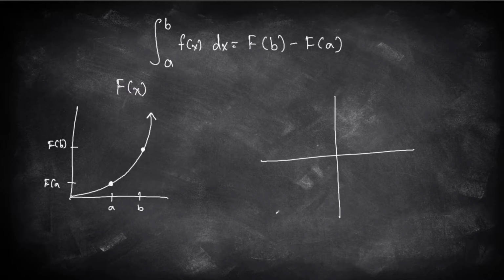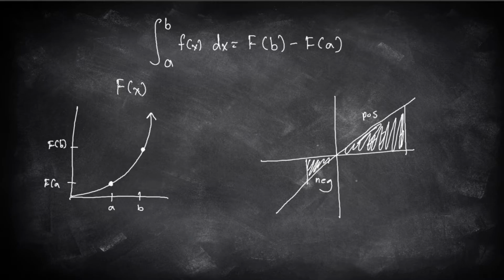Now let's say we have this entire linear graph, and we have a negative area. That's a negative area because it's below the x-axis. Now if it's above the x-axis, let's say we have this area. This area is positive because it's above the x-axis. Then our displacement will only care about the position.